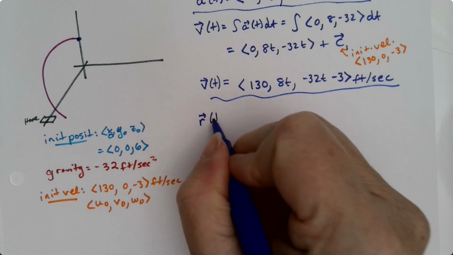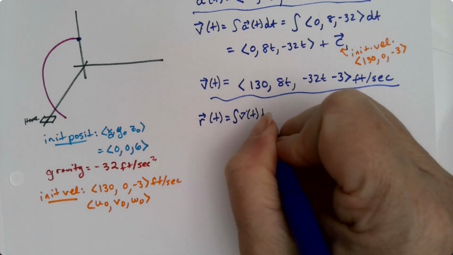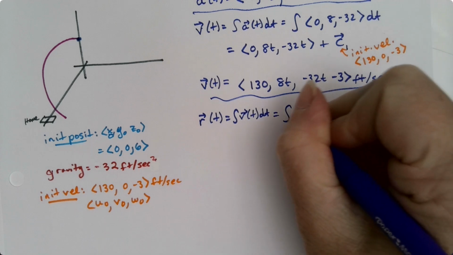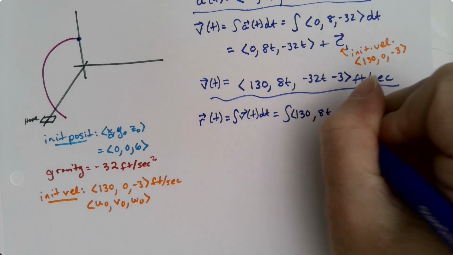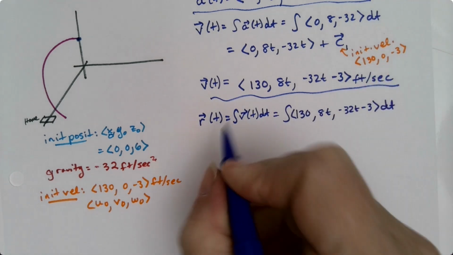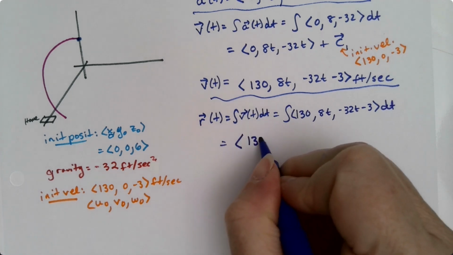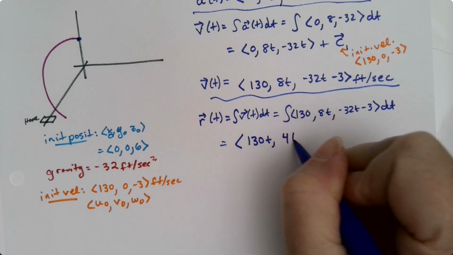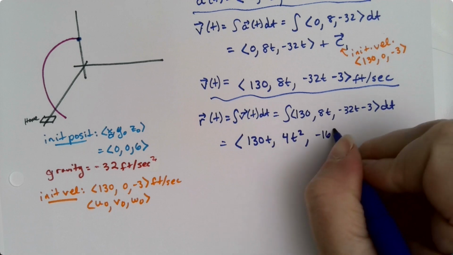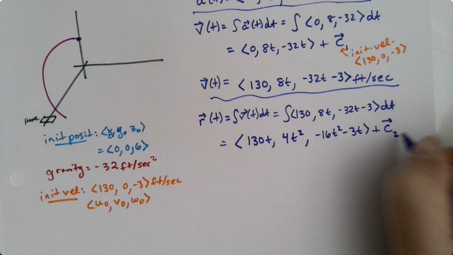Position is the integral of velocity with respect to time, and that would be the integral of 130, 8t, negative 32t minus 3 with respect to time, and that would be 130t, 4t squared, because we add 1 to the power and divide, negative 16t squared minus 3t plus some constant vector.